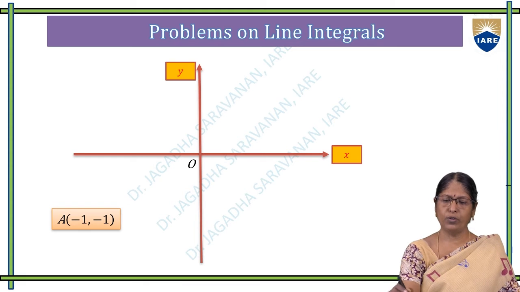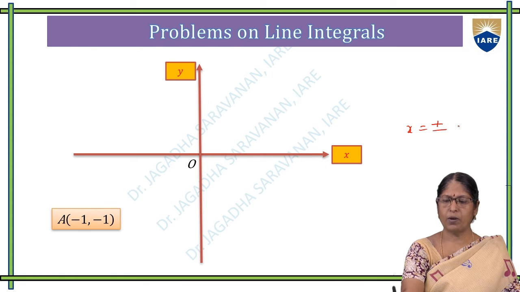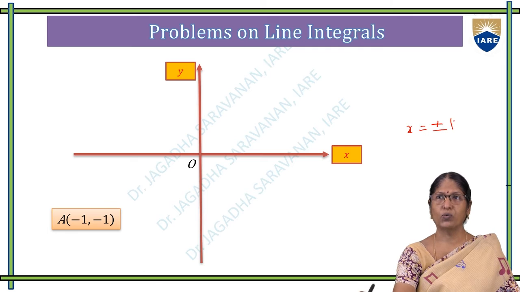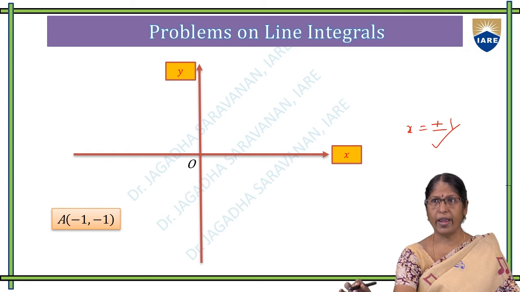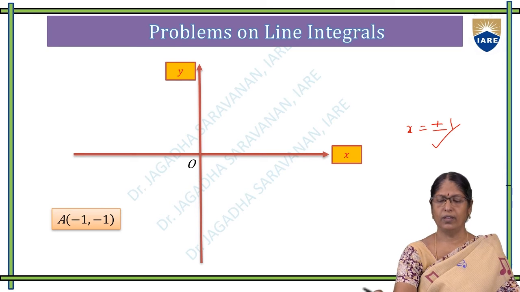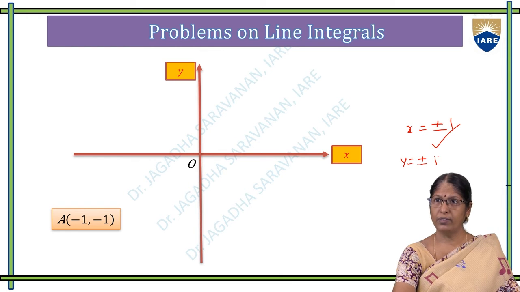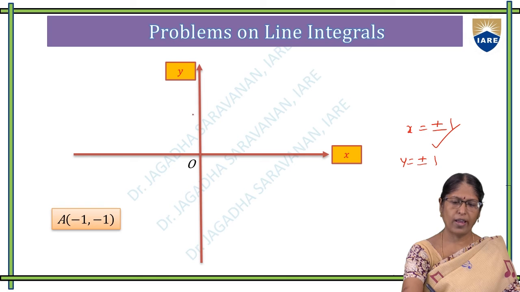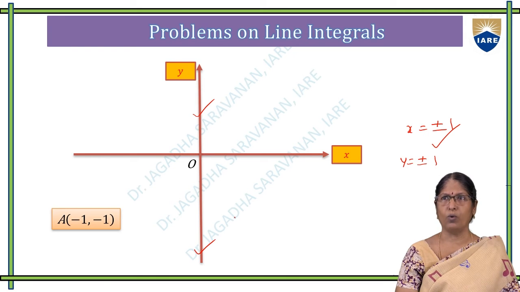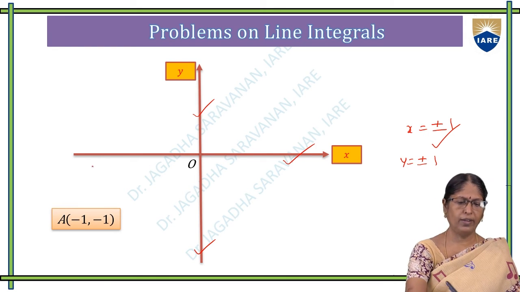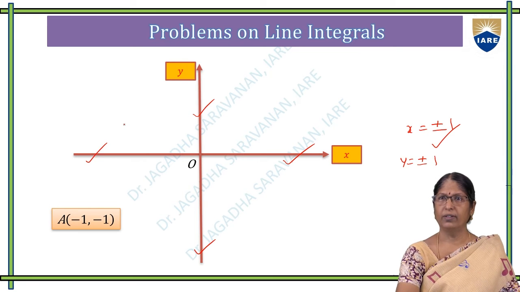So x equals plus or minus 1: plus 1 lies on the x-axis, minus 1 lies on the x-axis. Same for y equals plus or minus 1: plus 1 lies up, minus 1 lies down. This is all what we studied in lower classes.